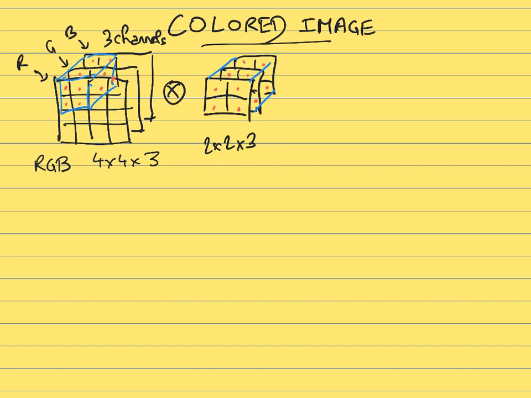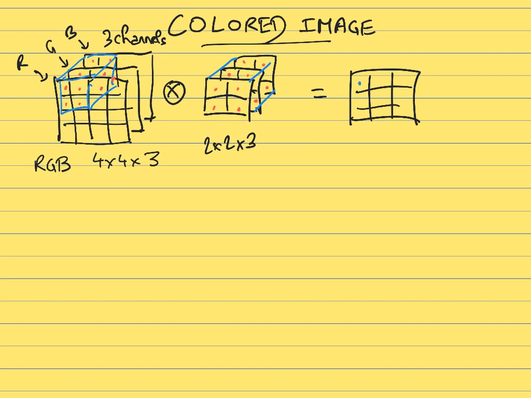You will multiply the pixel of your input image by the pixel of the filter, and then you will sum them all. So at the end, you will get an output that is not 3-dimensional anymore. Now it's going to be only 2-dimensional, because for this first position of the filter, you will get one number.